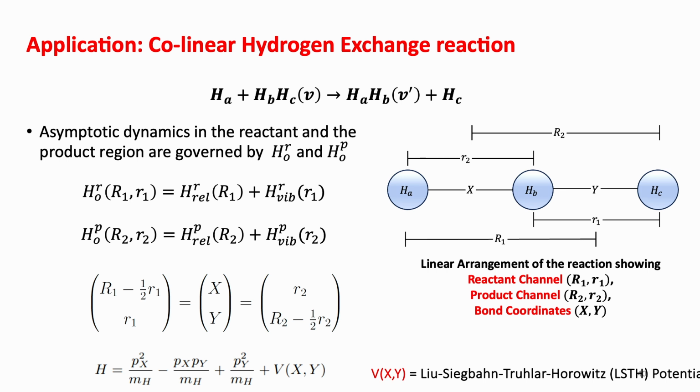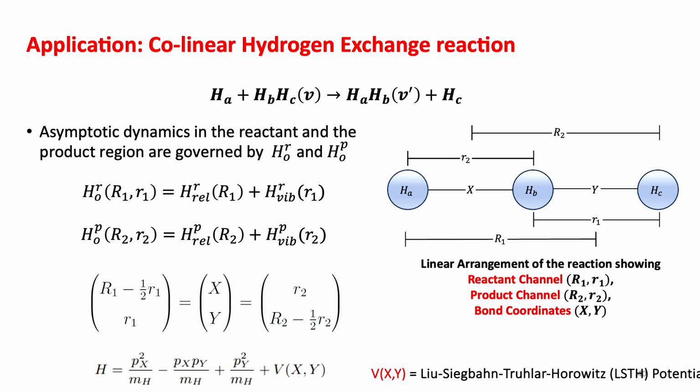Again, if we go back to the collinear case, you can see clearly what the asymptotic Hamiltonian is. You have the relative motion with capital R and the vibration for H2. Once you reach the reactant R1, R2, the product will go with R2, the small one here.